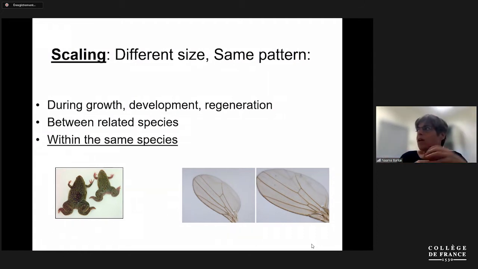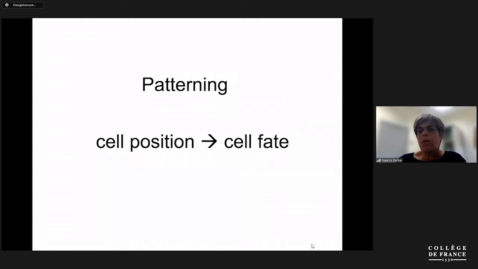You can also see it when you compare related species. And what's most interesting for us is when you see it within the same species, just random variation in size or perturbation that leads to a difference in size, and yet the pattern is somehow capable of scaling and adjusting to the difference in size.